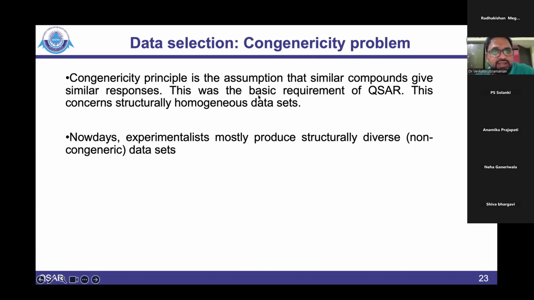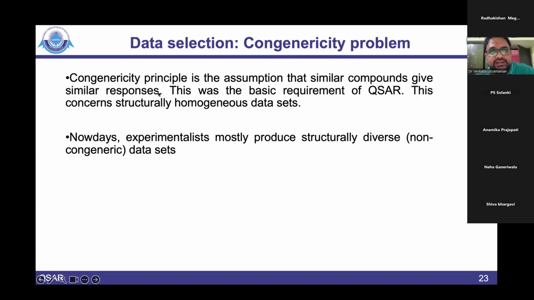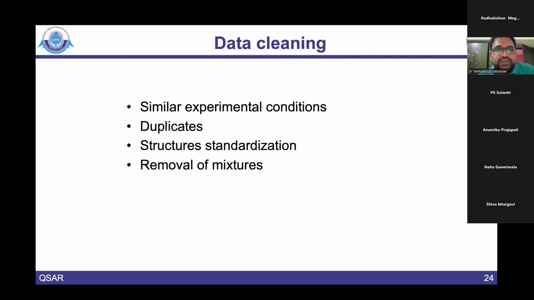Usually when you screen, most of them will have similar responses. So when you use a similar data set, it is difficult to train the models. So you also have to have a negative data set, that means the ones that do not have activity, and then sometimes you also need to have non-homogeneous data sets. That is the first problem, data selection.